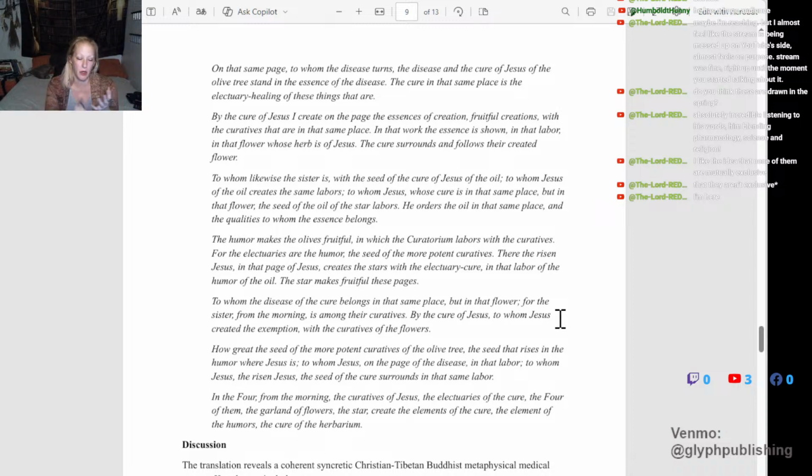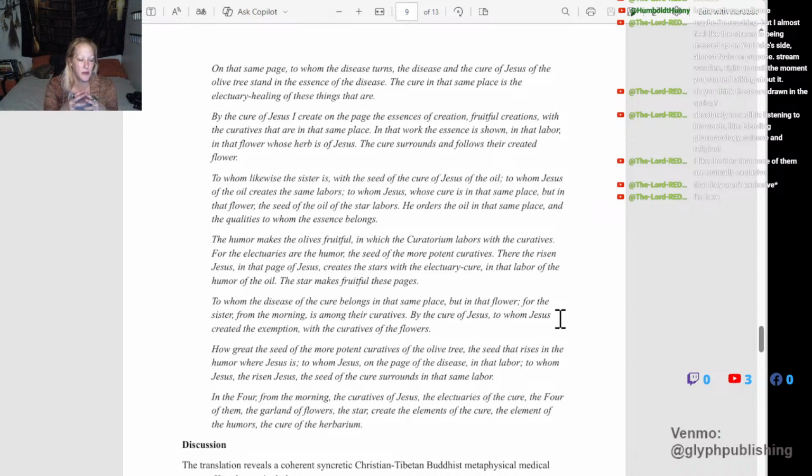The qualities being hot, dry, wet, all of those things that represent the four humors. Okay? The humor makes the olives fruitful, in which the curatorium labors with the curatives. For the electuaries are the humor and the seed of the more potent curatives. They are the risen Jesus in that page of Jesus of the oil, or from the oil. The star makes fruitful these pages.